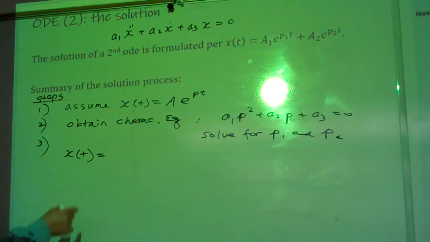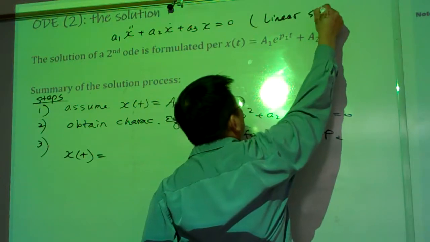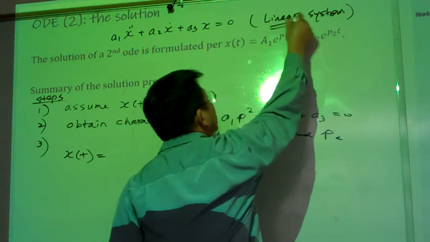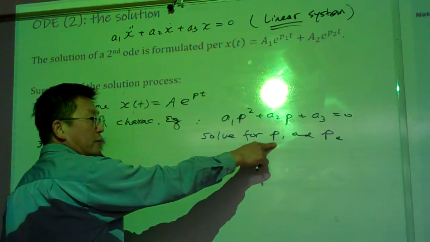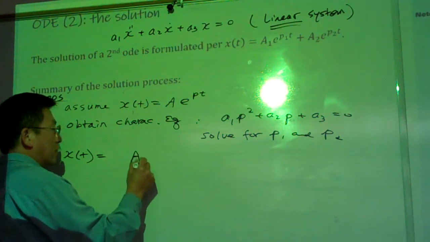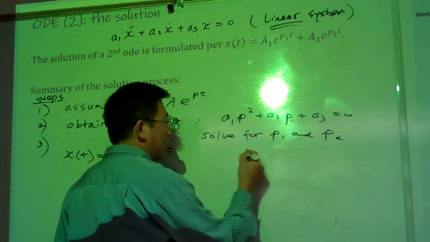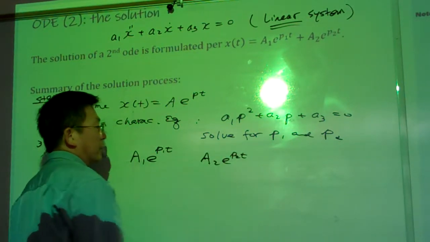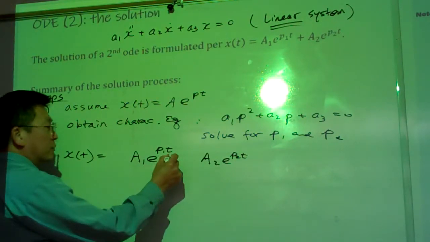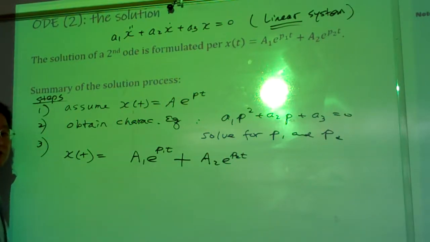again, because this is a linear system, for one characteristic root we have, say, A1 e^(p1 t). And we have another form due to p2, so A2 e^(p2 t). Because this is a linear system, all the possible solutions will come from the combination of the two possible bases. Okay?